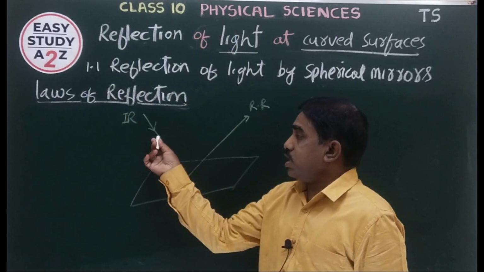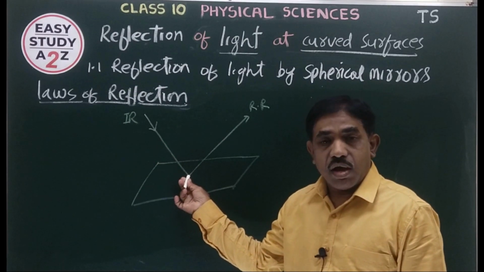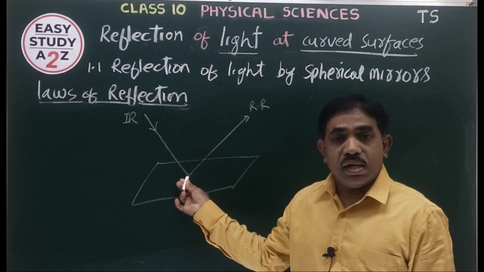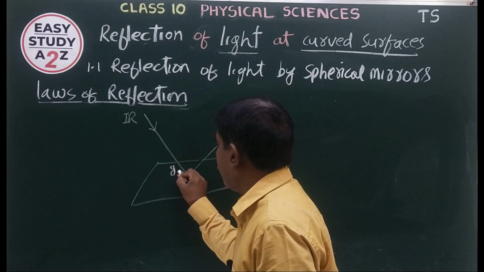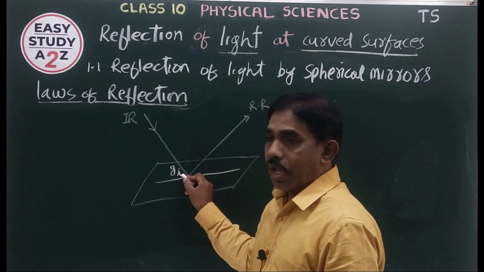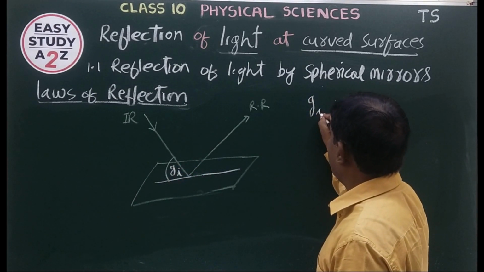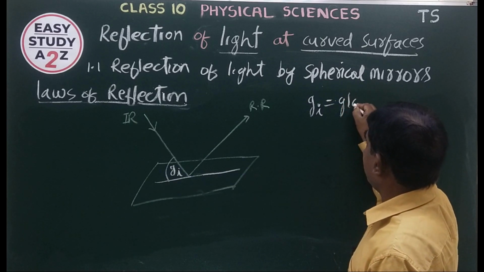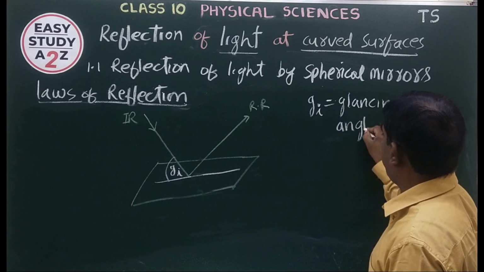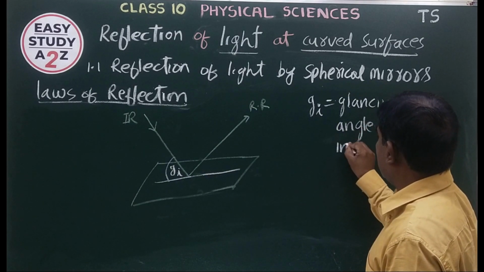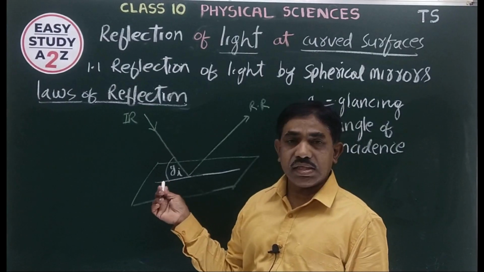Here the incident ray is falling on the surface of the mirror at an angle GI. This GI is called the glancing angle of incidence.